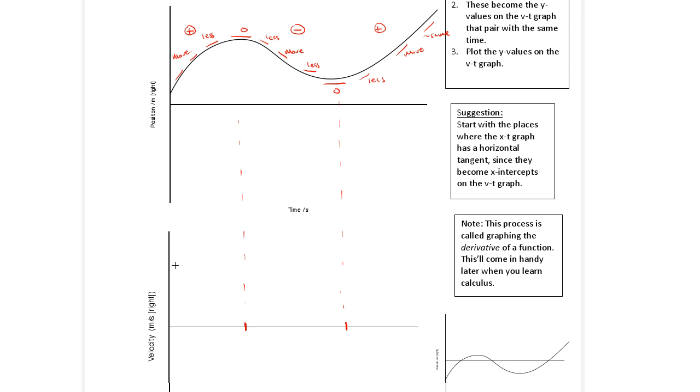So we don't know exactly what that's going to look like, but this would fit the bill, more positive to less positive y values. Then I have negative y values because up here I have negative slopes that go from less negative to more negative, meaning they go downwards until they become less negative again, and then become 0 here.